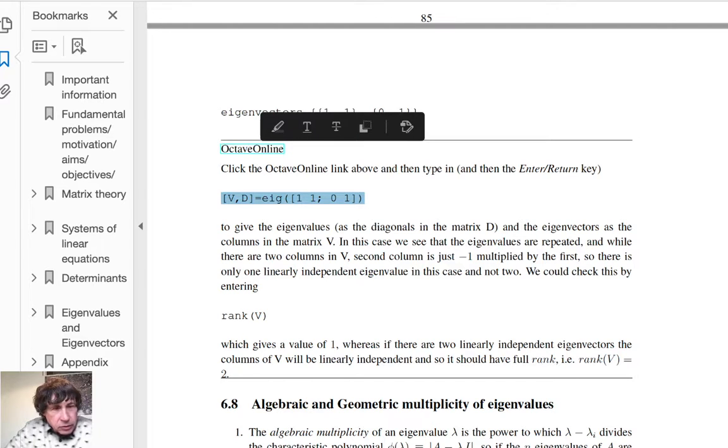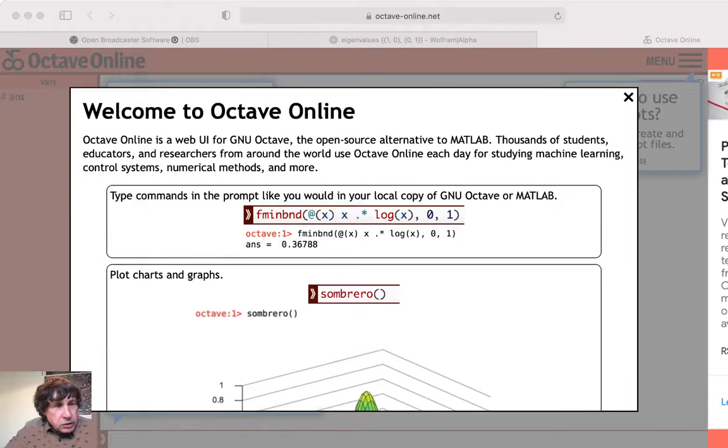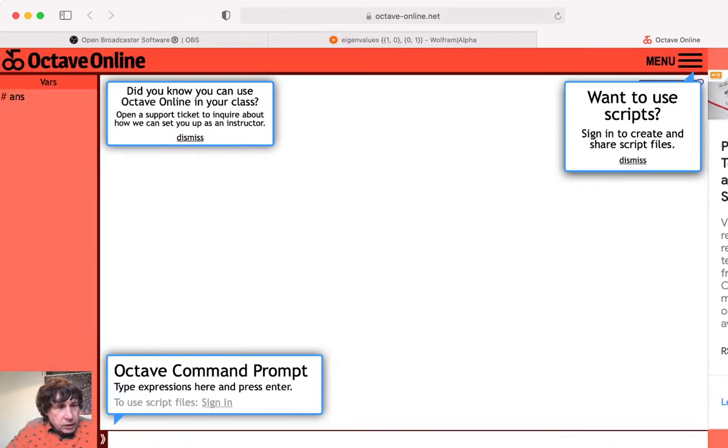We'll move to the web page view, and if I put that command in here, then that should work out the eigenvalues and eigenvectors for this same matrix. V will be the matrix of eigenvectors and D the eigenvalues.